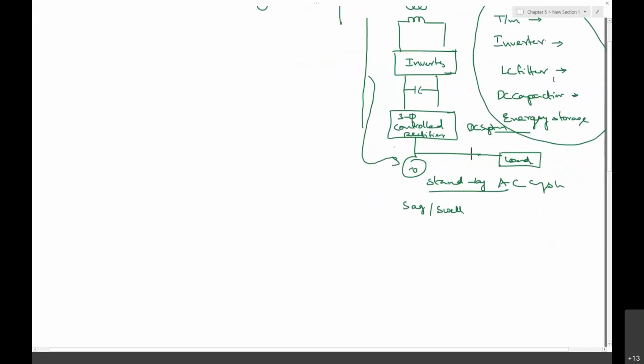This particular device, the series active power filter, or dynamic voltage restorer, we have seen can be operated for the sag as well as the swell condition. I'm not going to give details about the harmonics, I'll just try to discuss it.